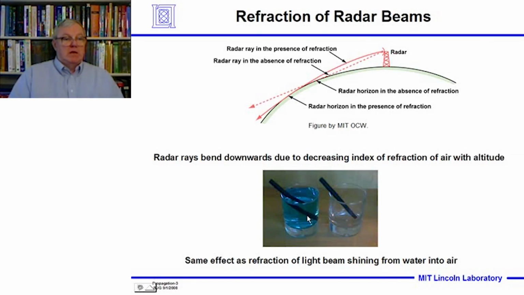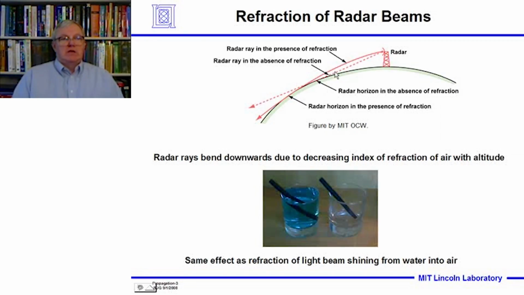Okay? Now that's a water-air interface. Now let's look at this view graph above to examine what happens when a radar beam travels across the Earth, either with or without refraction. The radar ray, in the absence of refraction, would move in a straight line.